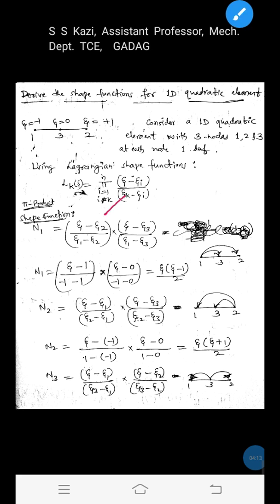What is zeta 2? Zeta 2, that is at node 2, the zeta value is +1. I have substituted here. Next, zeta 1 minus zeta 2: zeta 1 value is -1, you substitute here, minus zeta 2 value which is +1, so -1. Zeta 3 value I have substituted here as 0, and zeta 1 value I have substituted as -1, and zeta 3 again 0.